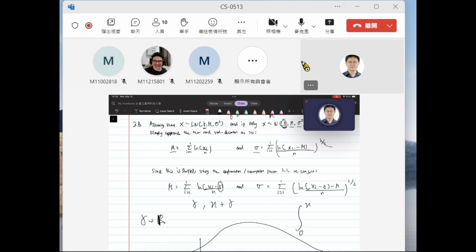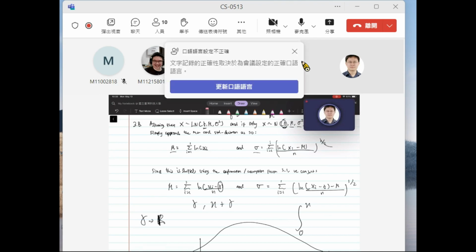Let's check on this. Sure. We wrote it wrong. So you can correct it directly, no problem. Originally you should have a mu hat and sigma hat. Yeah, we forgot to. Okay.